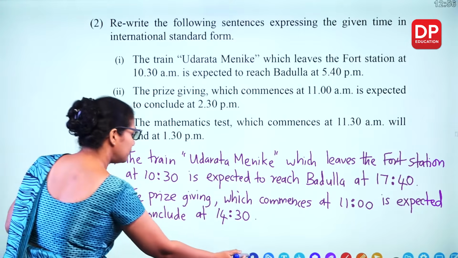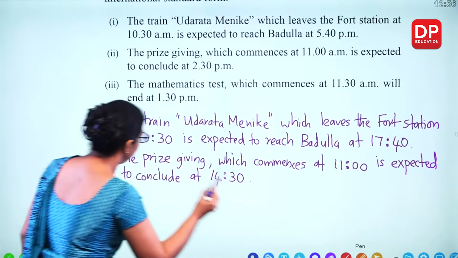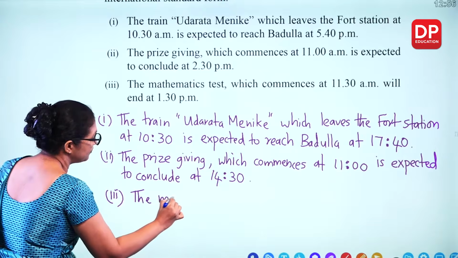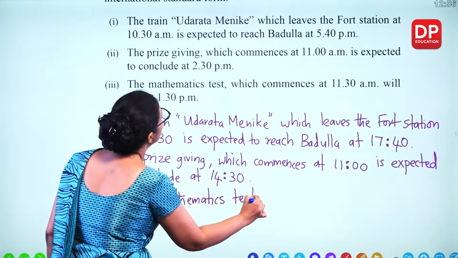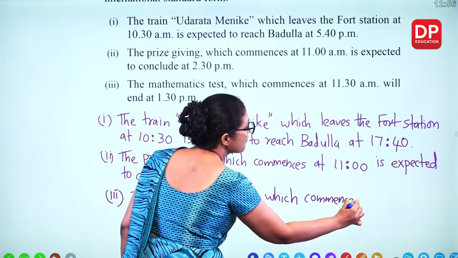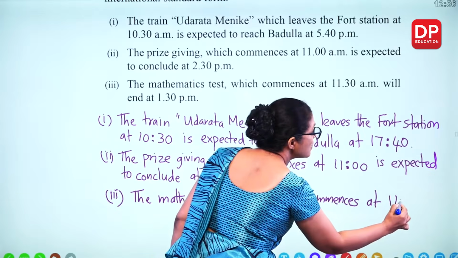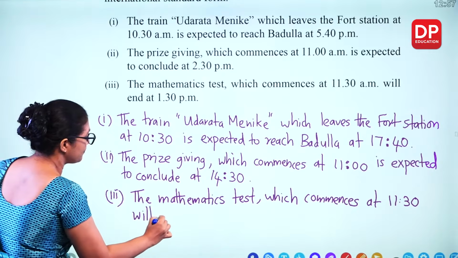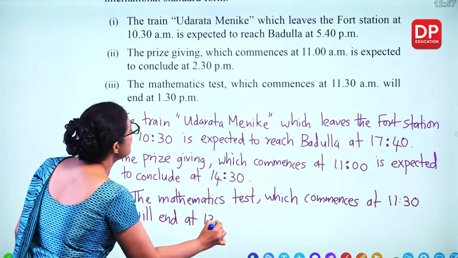Third one. We can write the mathematics test which commences at 11:30 a.m., so that means 11 hours and 30 minutes, will end at 1:30 p.m. 1 plus 12, that's 13 hours and 30 minutes.